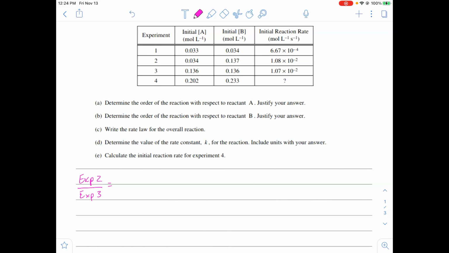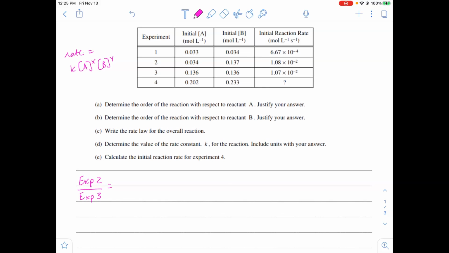We know that in general, our rate is going to be equal to our rate constant times A raised to some power times B raised to some power. So in experiment 2, our rate is 1.08 times 10 to the negative 2. In experiment 3, our rate is 1.07 times 10 to the negative 2.